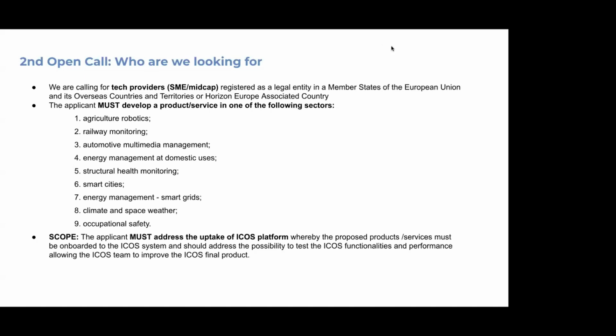Just in terms of the actual implementation, say if we go for the fifth sector, structural health monitoring, do we need to provide the full experimentation setup? For example, if the proposal is about monitoring of a bridge's health, do we need to find a local authority that gives us access to a bridge where we can test the efficiency of our AI system after implementation?